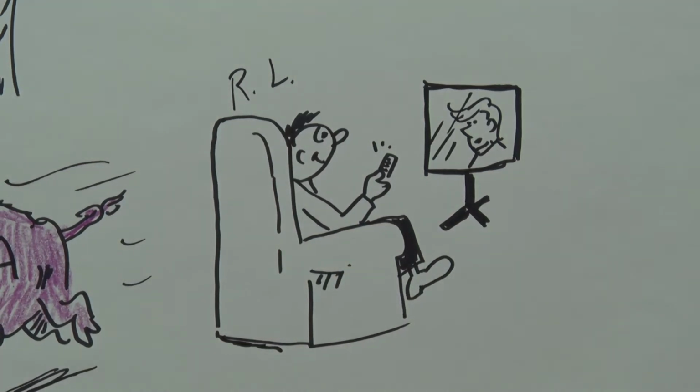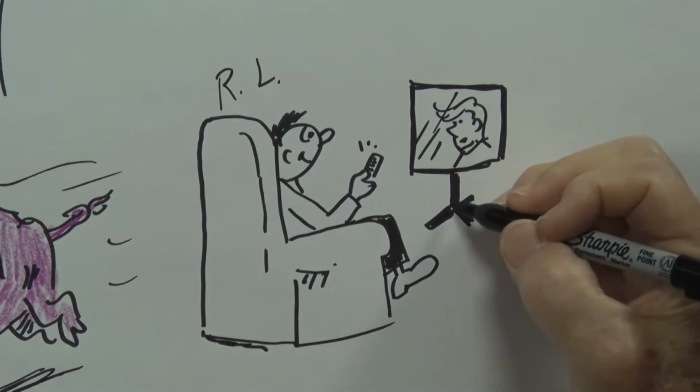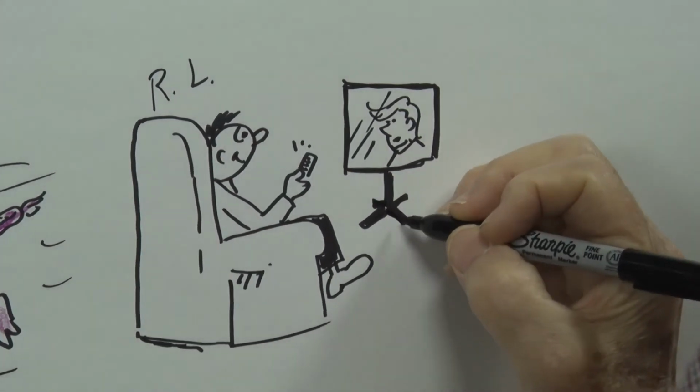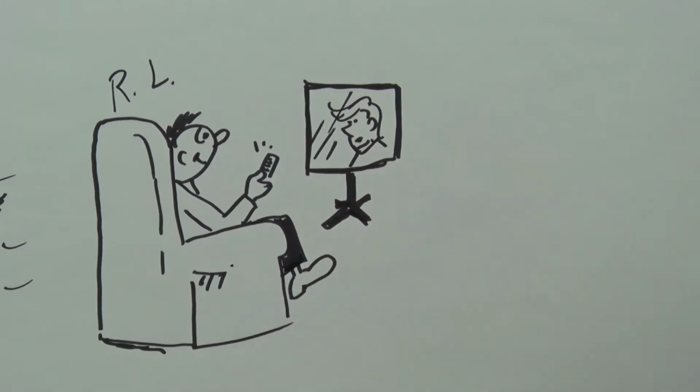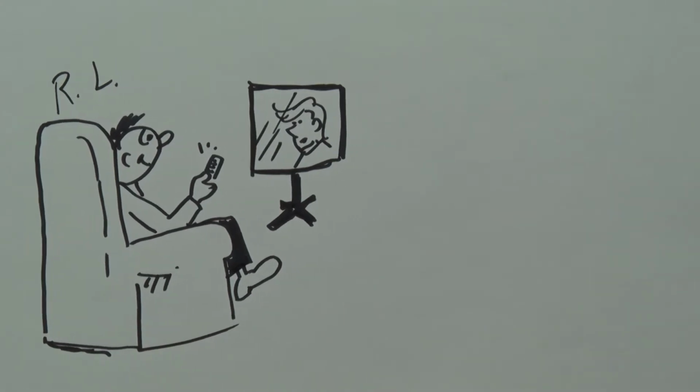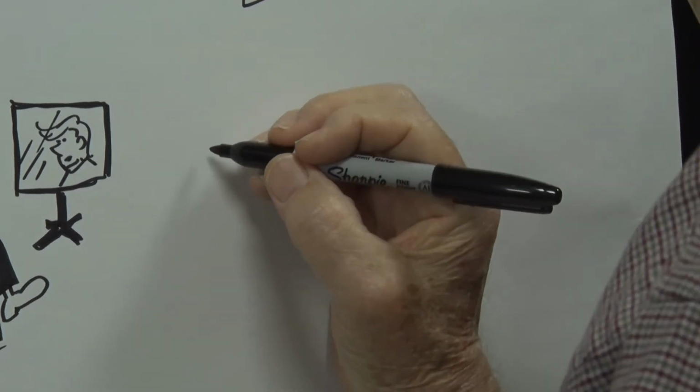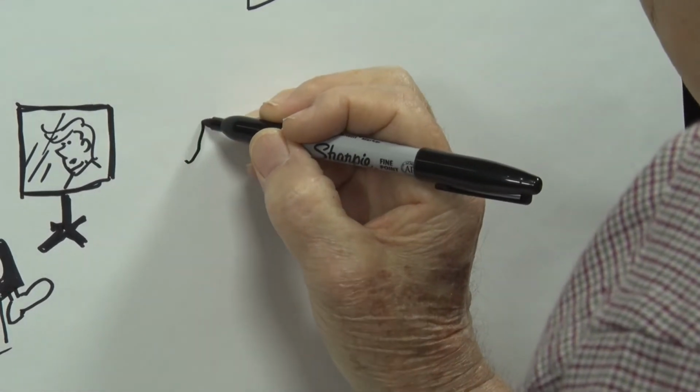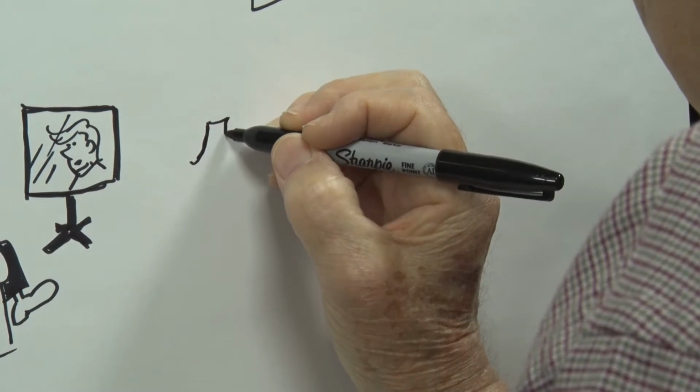And the next person whose first name starts with an R. Well, to be a little different, I'm going to use this form of the lowercase r in cursive writing.